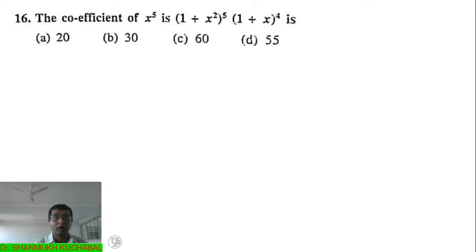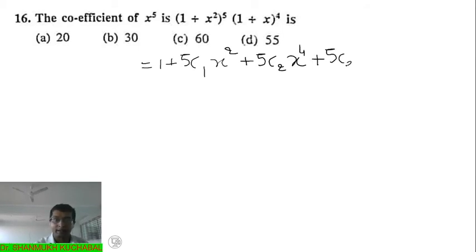The coefficient of x raised to 5 in 1 plus x squared raised to 5, times 1 plus x raised to 4. Here, first n equal to 5, we will expand it. So we get 1 plus 5C1 x squared, then 5C2 x raised to 4, then 5C3 x raised to 6, plus so on.